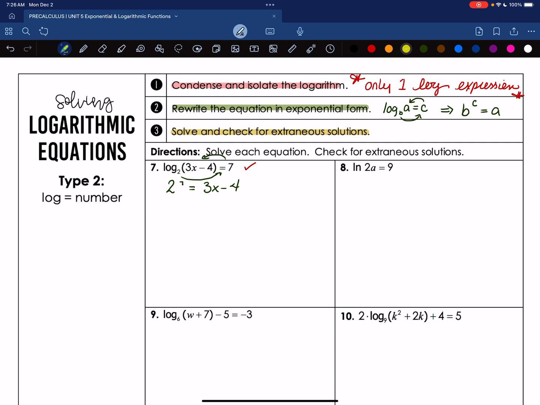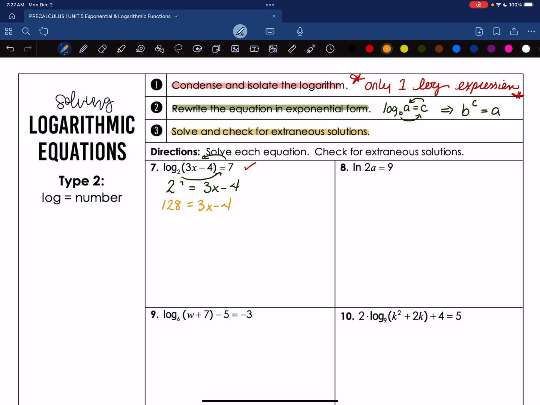Now we're moving on to step number 3, which is to solve and check for any extraneous solutions. I'm looking here at the left side. I can simplify 2 to the 7th power, grabbing my graphing calculator to help me figure that out. That is 128.